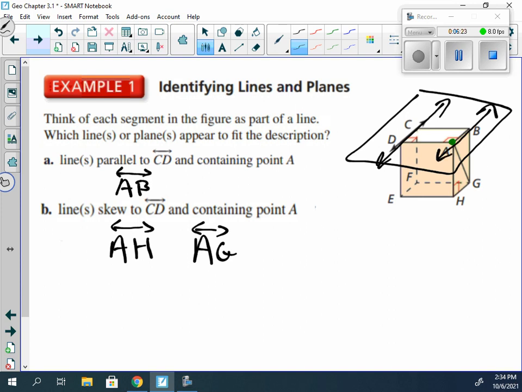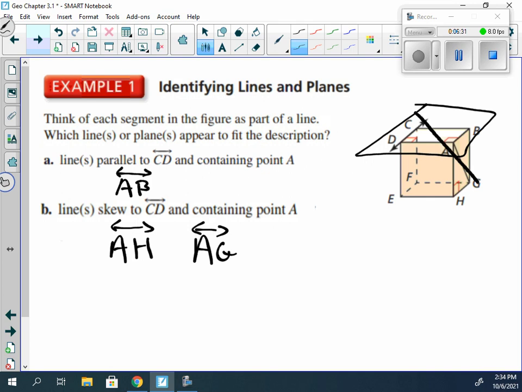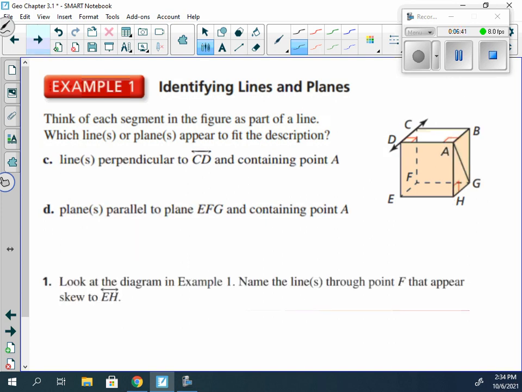So AB would be contained. Now for skew, we can't have a line contained in the plane. Now part C, lines perpendicular.